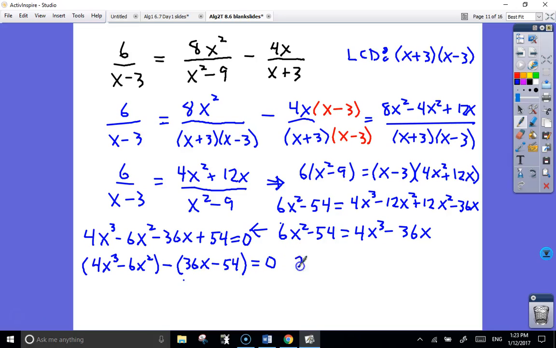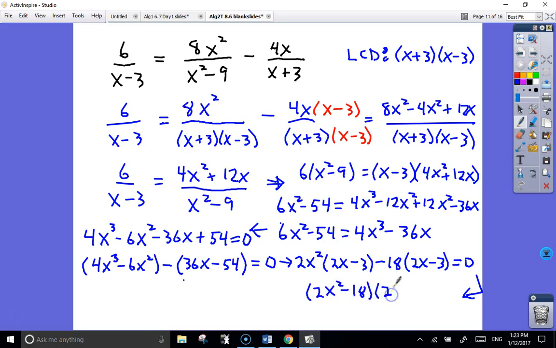That'll give me 2x squared times 2x minus 3. And the next one we can factor out an 18. And that'll give me 2x minus 3. So that'll give me 2x squared minus 18 times 2x minus 3 equals 0.